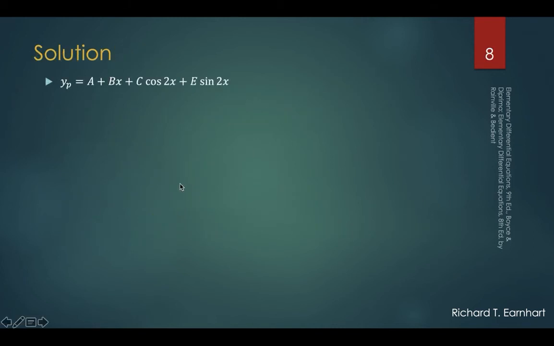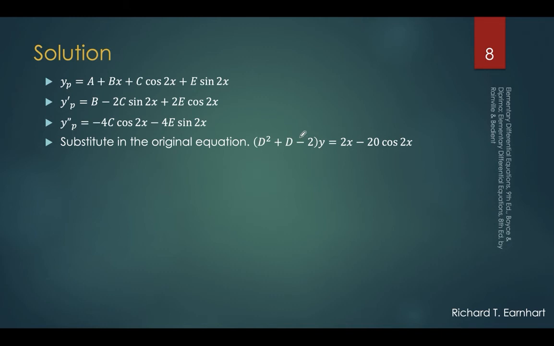So combining the two, your y sub p will now be a plus bx, okay, plus c cosine 2x plus e sine 2x. Now, we have a second order differential equation, so we get the first derivative. Okay. The second derivative. And then we substitute in the original equation.